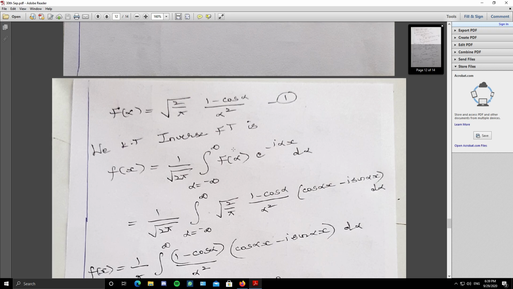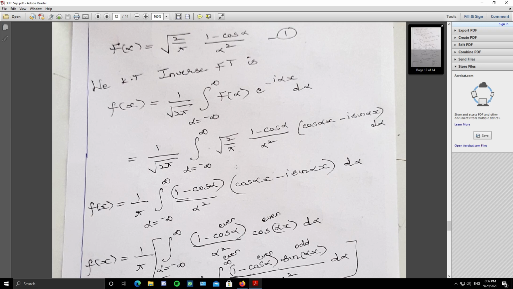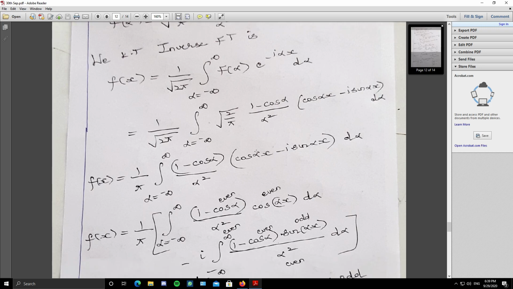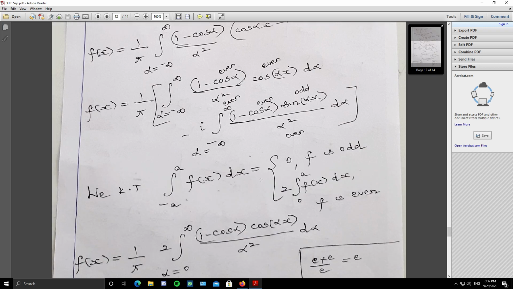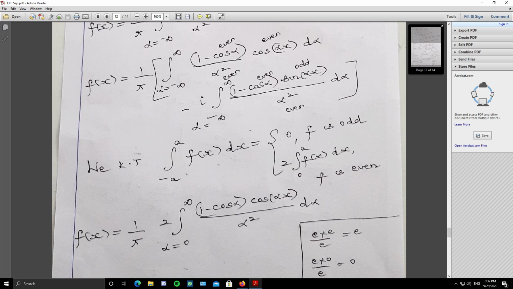Then whenever you have to prove something or show something, you have to find the inverse. Do the inverse. When you do the inverse, write the exponential e power i theta as cos plus sine, or cos minus sine. Then split into two integrals. Make use of the property of odd and even functions.